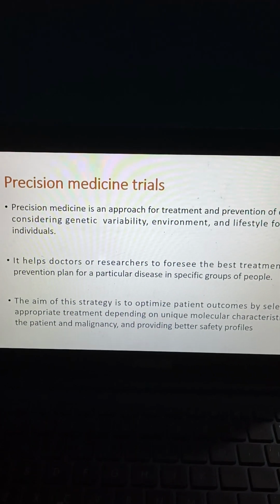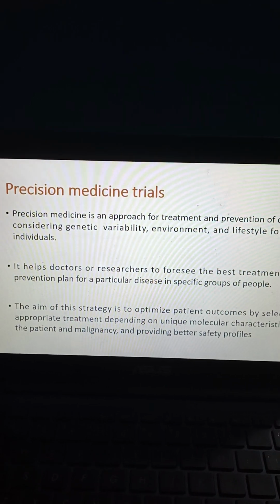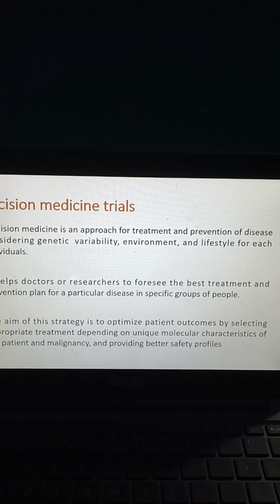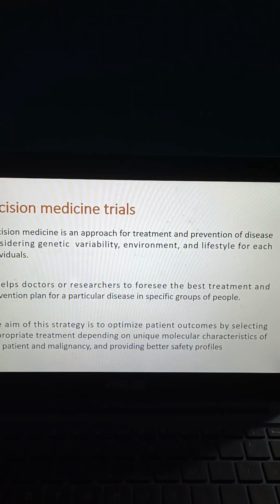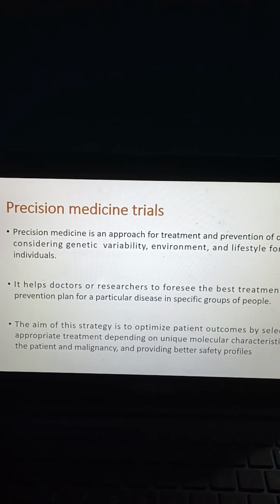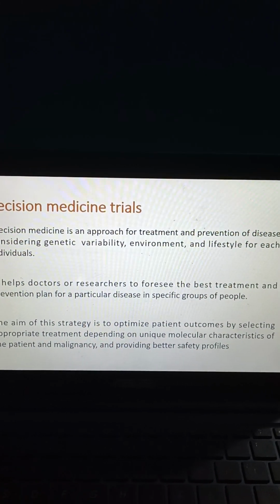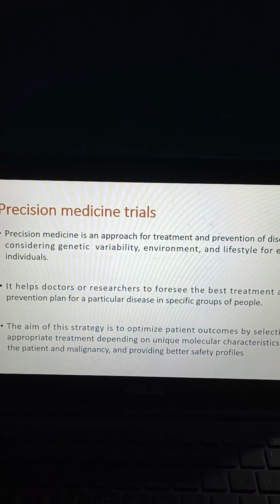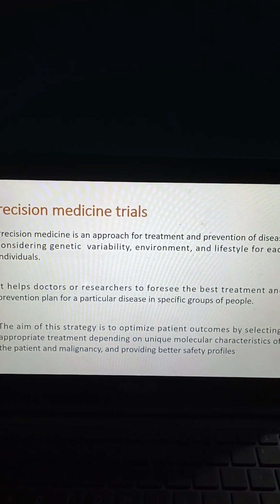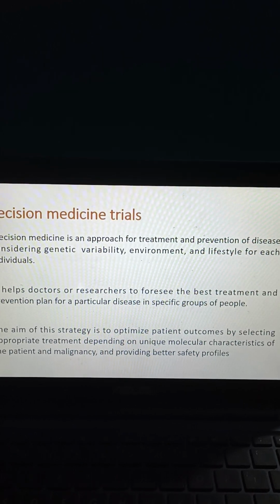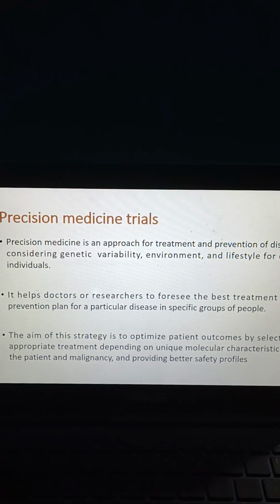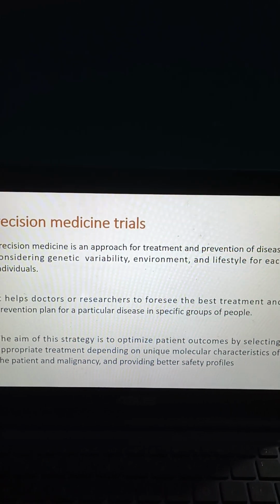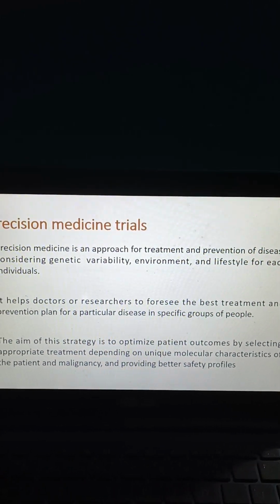Coming to precision medicine trials. What is precision medicine? Precision medicine is an approach for treatment and prevention of disease considering genetic variability, environment, and lifestyle for each individual. It helps doctors or researchers to foresee the best treatment and prevention plan for a particular disease in specific groups of people.